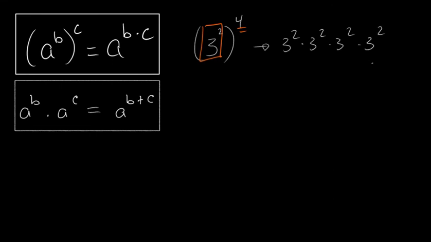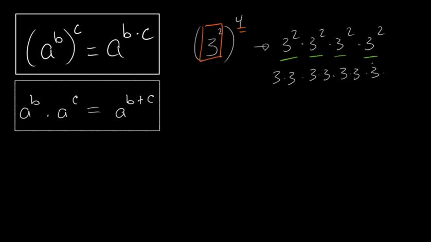And each one of those contains 2 factors of 3. So if I were to expand it further, I would say I've got 2 factors of 3, 2 additional factors of 3, 2 more factors of 3, and then finally 2 more factors of 3.